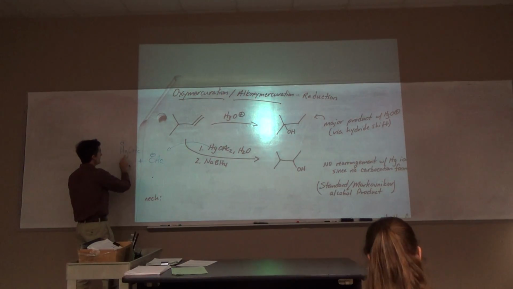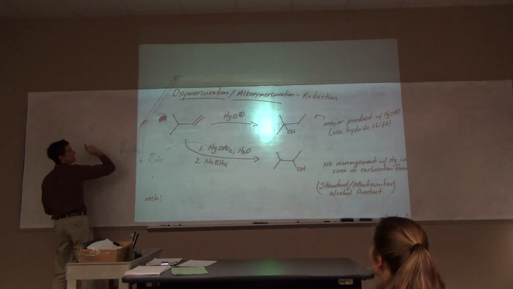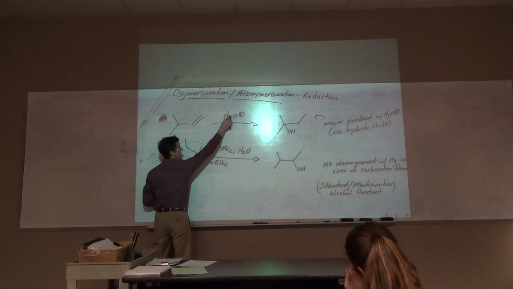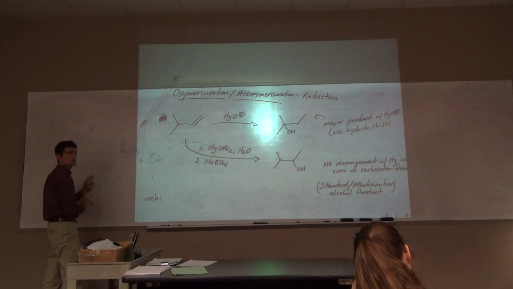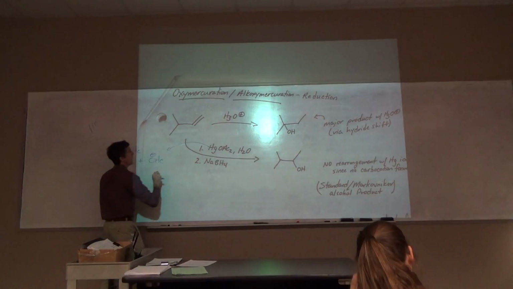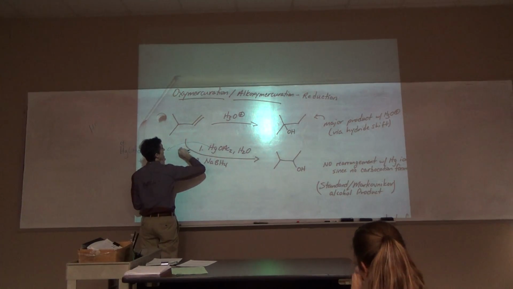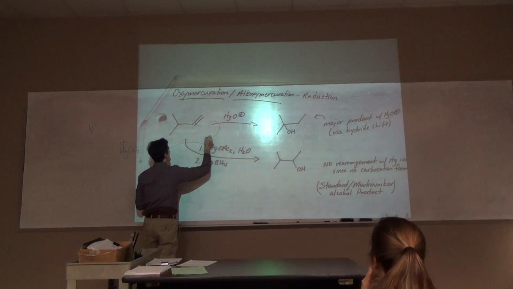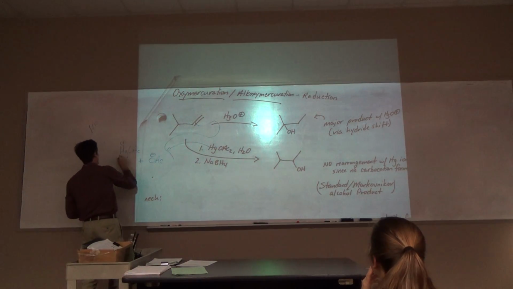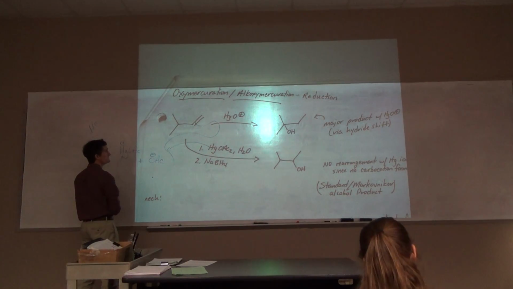But the mercury is electrophilic. We've worked with H+ before, right? Alkene attacks H+, that's the mechanism up here. Well, alkene can also attack mercury+. Where are we going to leave the cation? Top or bottom? Bottom. So this pulls away from the bottom and attacks the mercury. All right?